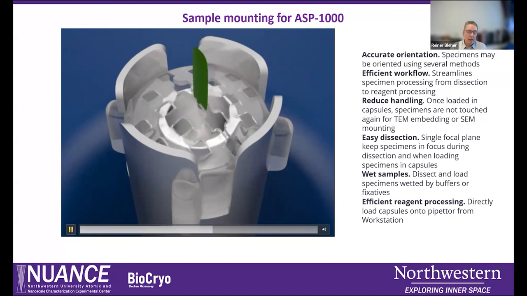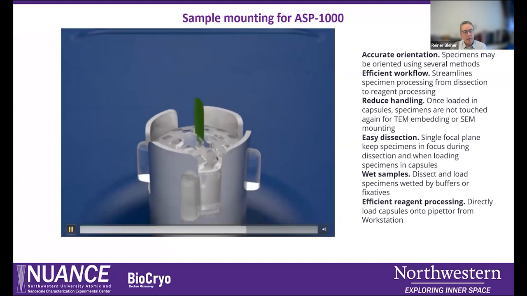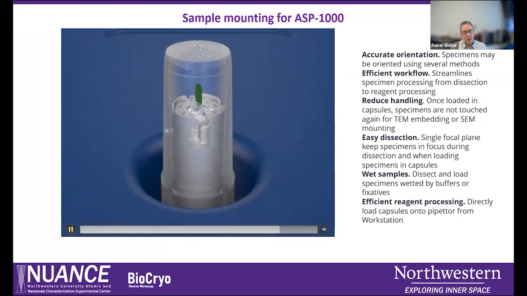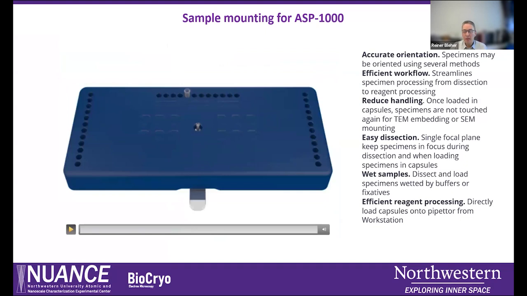But usually, if we don't need to do that, we would just place our sample piece directly on this screen. Once the sample is placed, we can again come with our capsule, turn it around, and then the sample is mounted in the capsule and kept in place with this little screen.